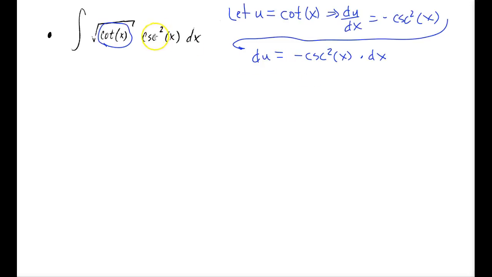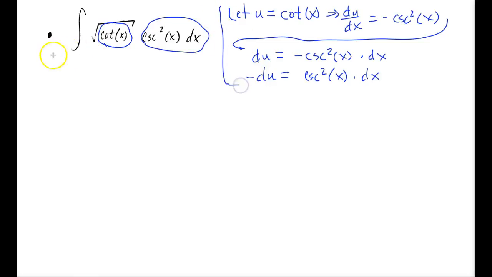And finally, we just want cosecant squared dx, not the negative. So we'll just multiply both sides by negative 1. Okay. So now we have all this business here.